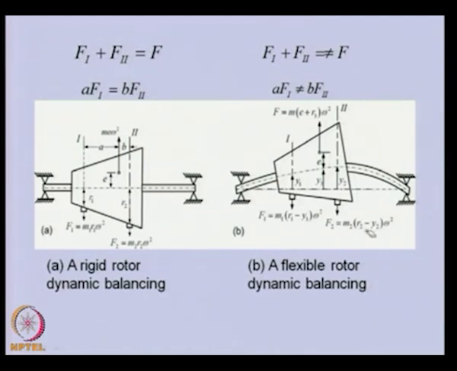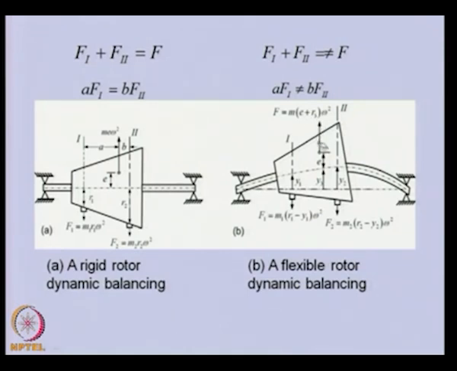So, now we can see that the equations which we wrote earlier will not be valid, because these centrifugal forces are not the same. Once they are not valid, we do not have balancing of whatever residual unbalance is in the system.